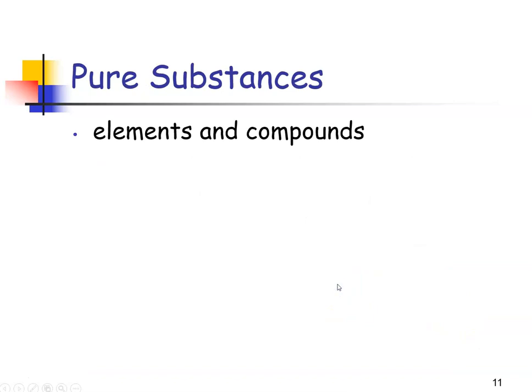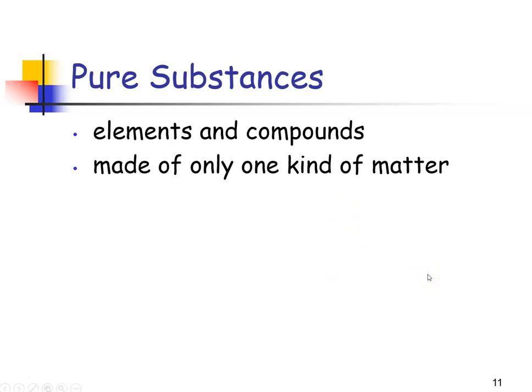All right, pure substances, that is a category that describes both elements and compounds, and it essentially contains only one type of matter. So you could have a tank of oxygen, O2 gas, or you could have a block of dry ice, which is carbon dioxide.